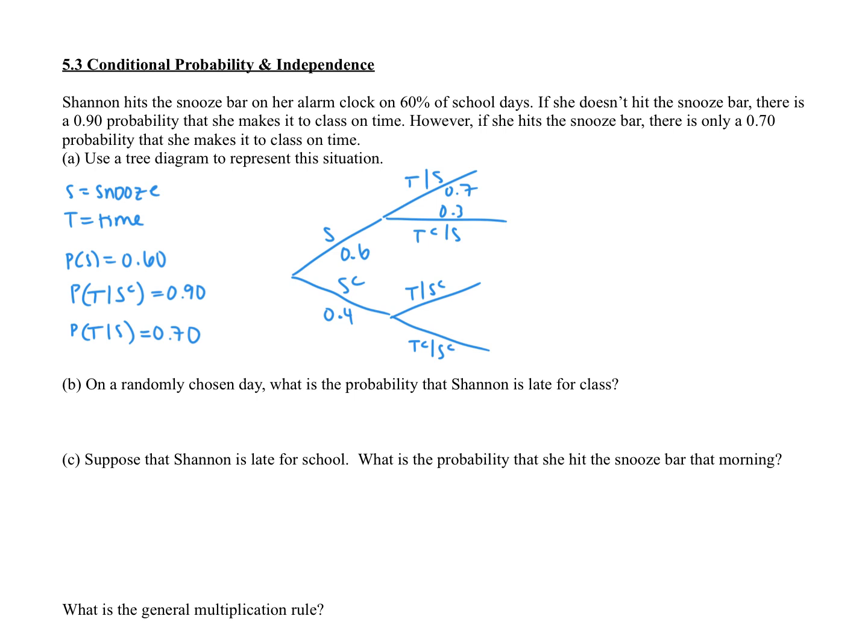And again, we should know one of those. We know that 90% of the time she's going to be on time given she didn't hit snooze, which means the remaining 10% of the time when she didn't hit snooze, she's going to be late. So this is the tree diagram. This is going to help us answer the following questions.